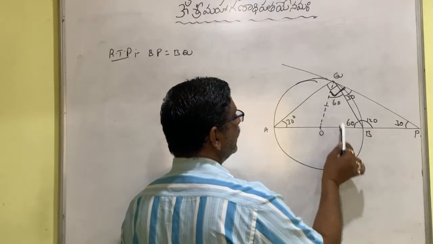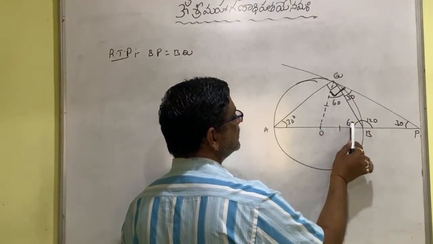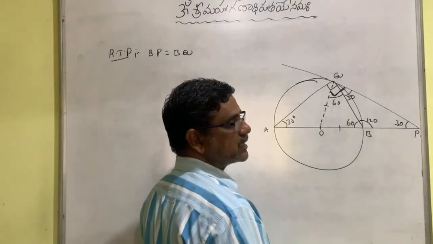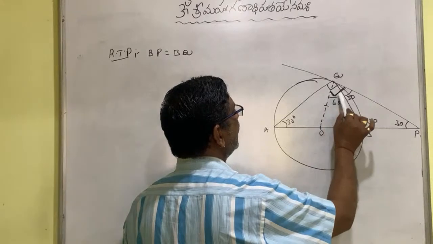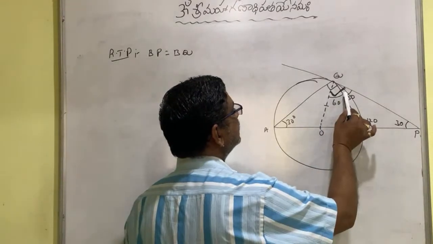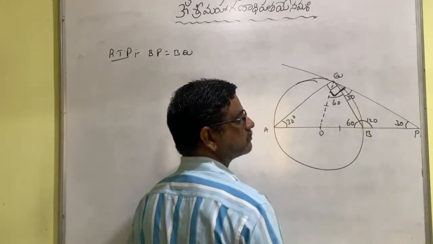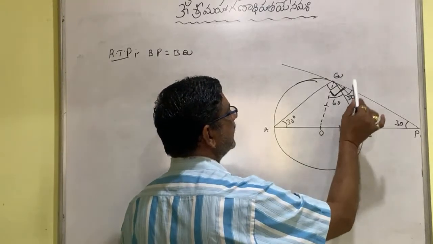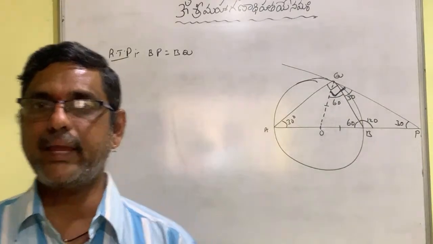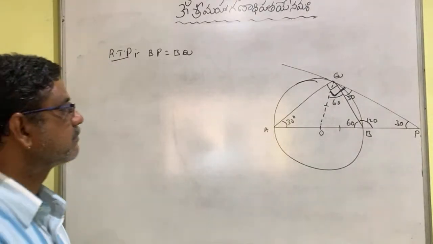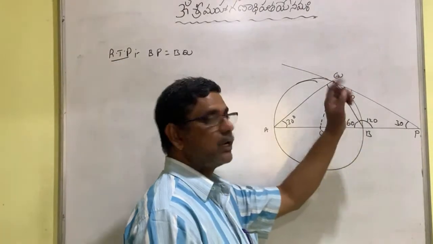OQ and OB are equal, na? So if this is 60, this is also 60. So this angle is 60 and this total angle is 90. Then this will be 30. 120 plus 30, 150, then this will be 30. Okay? So BP equal to BQ.